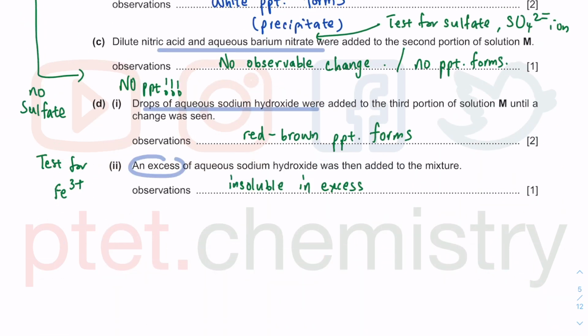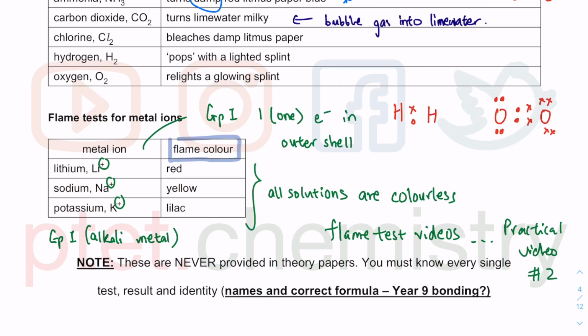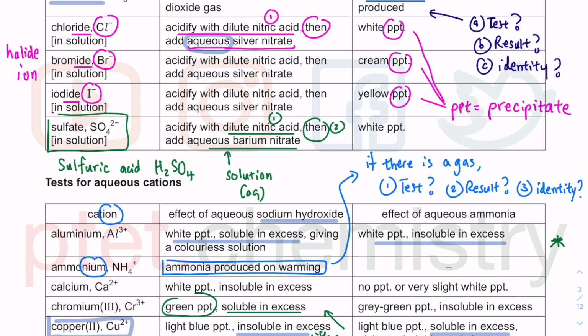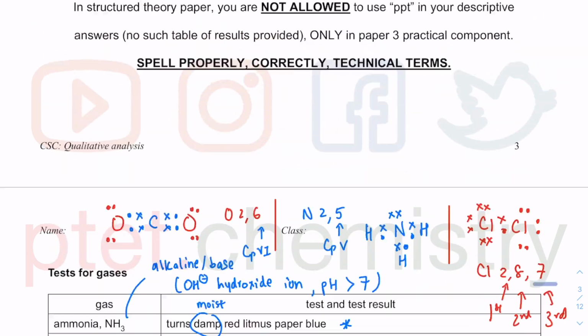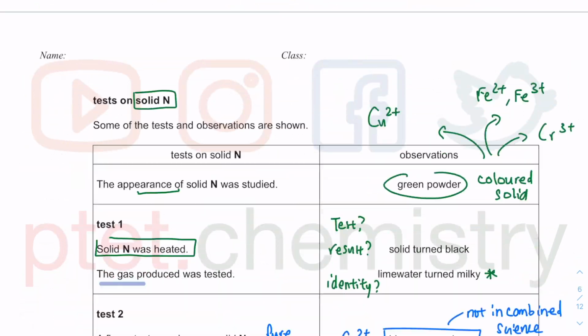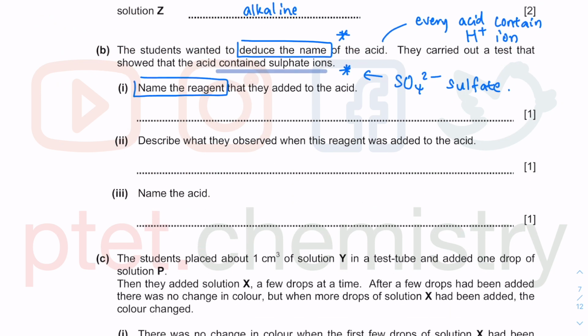We look at the table of tests for anions. Under sulfate, you add some nitric acid and then barium nitrate. Aqueous barium nitrate is the solution that you must add to confirm that sulfate is present. So name, basically get it from the table itself.